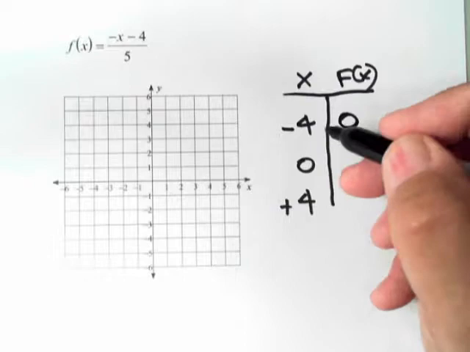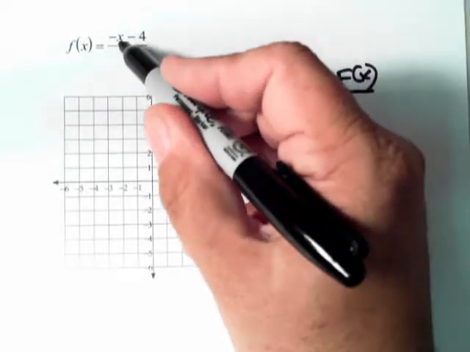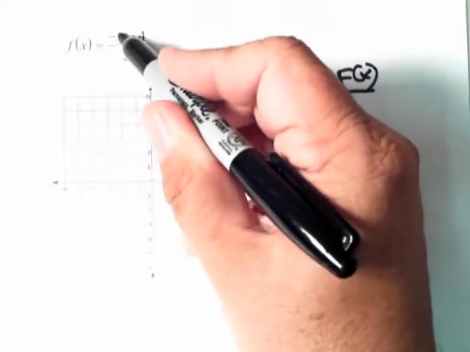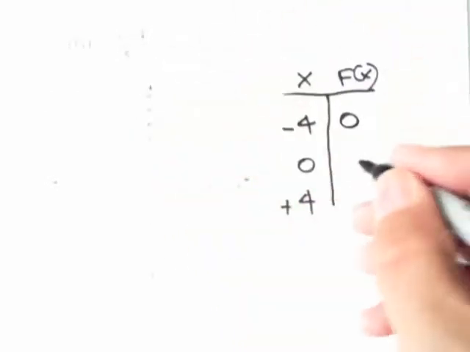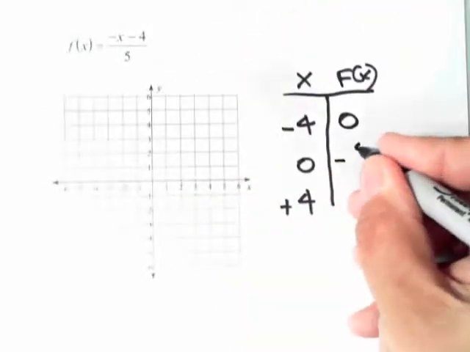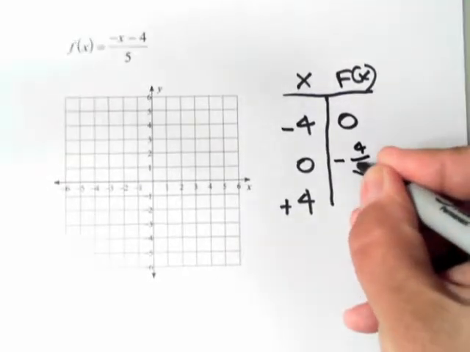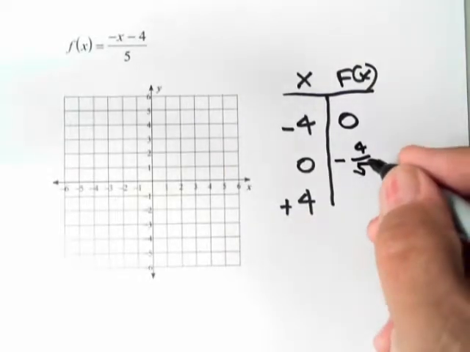Now, if we have x equal to 0, then -0, that's just 0. So I end up with -4 over 5. So -4/5 will be my graph value.